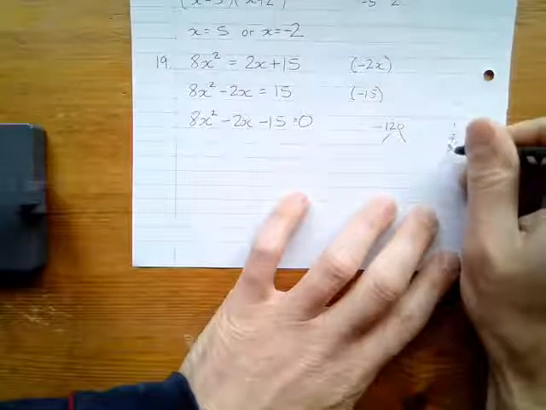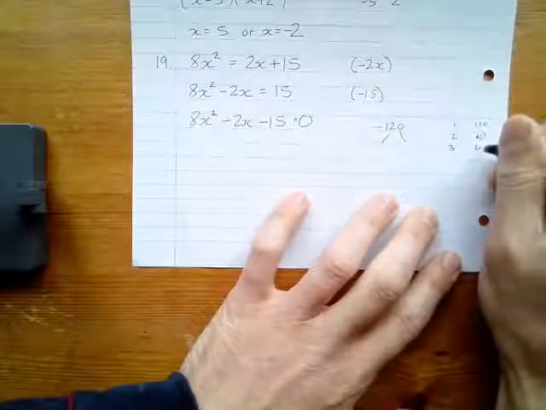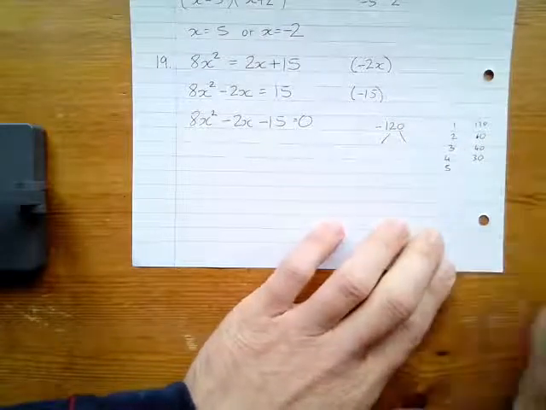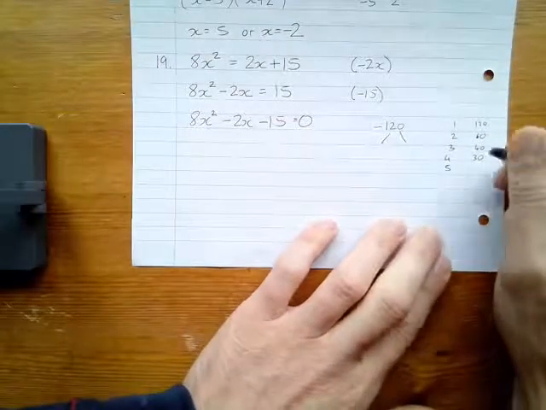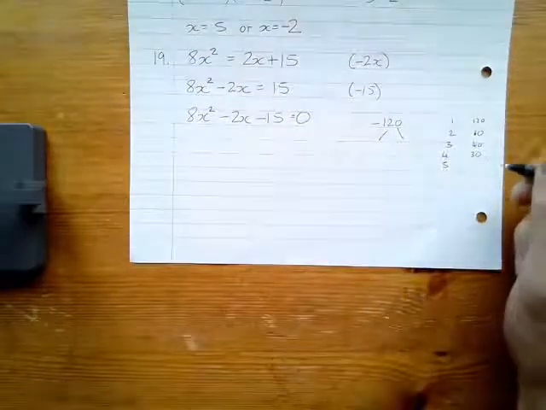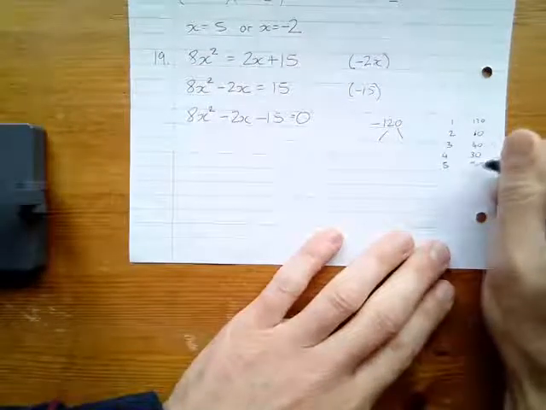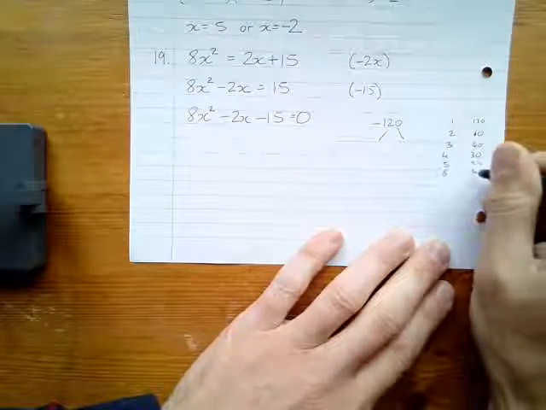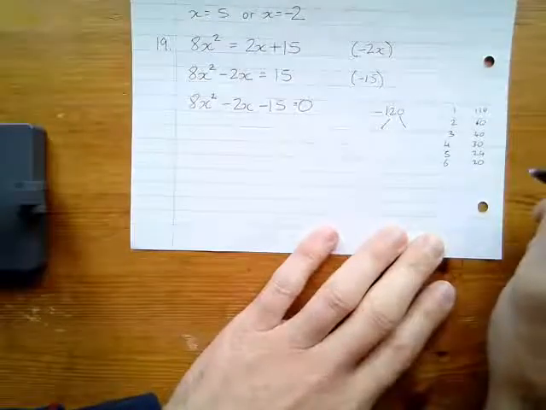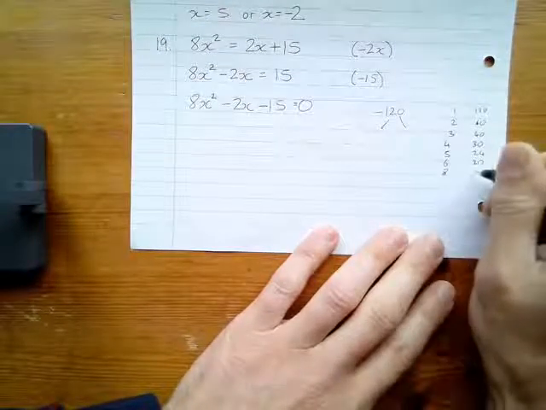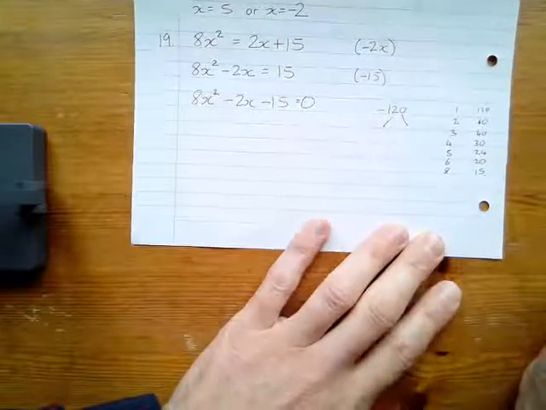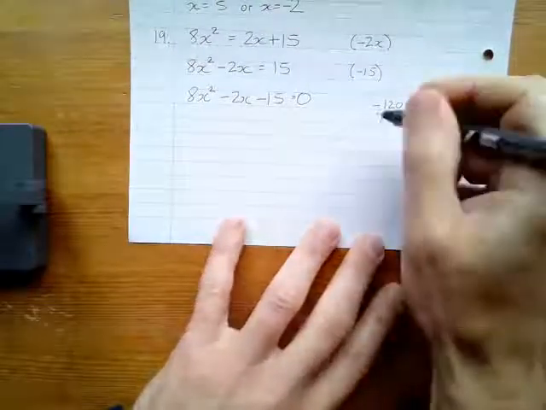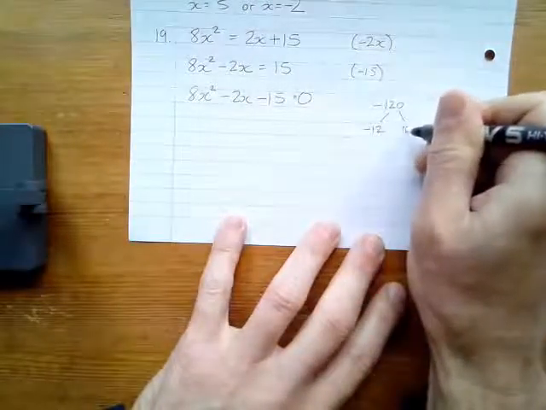So 2 and 60, 3 and 40, 4 and 30, 5 and 24, 6 and 20, 8 and 15, but I think the one we want is the next one, it's 10 and 12. Okay, 10 and 12 are the ones I want, and I want a minus 12 and a 10 like that.